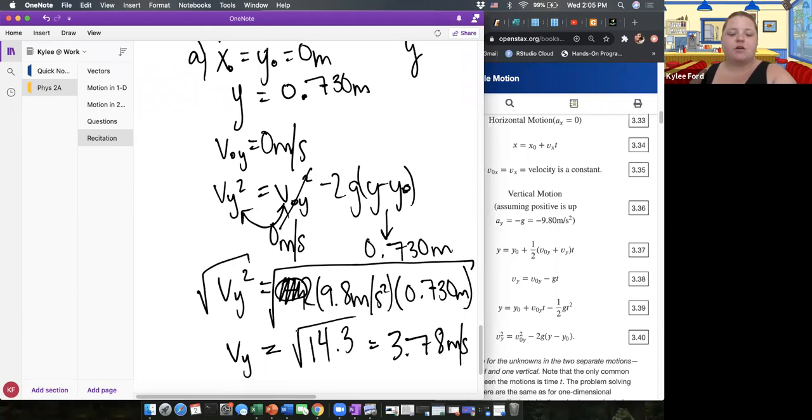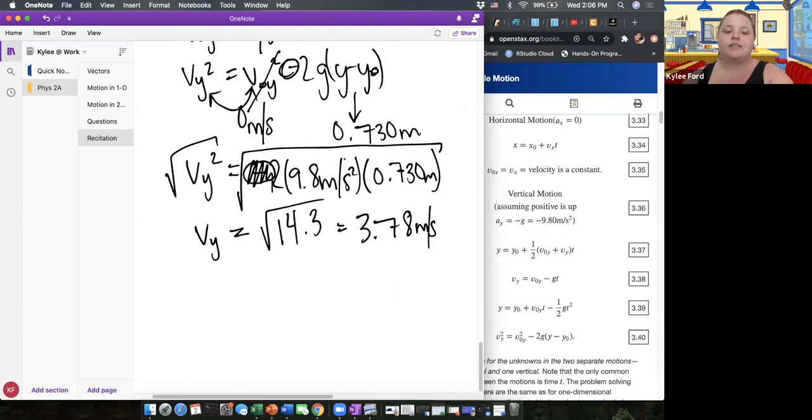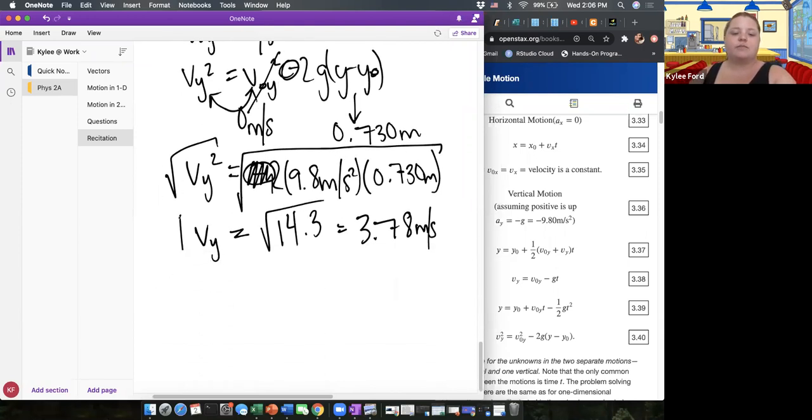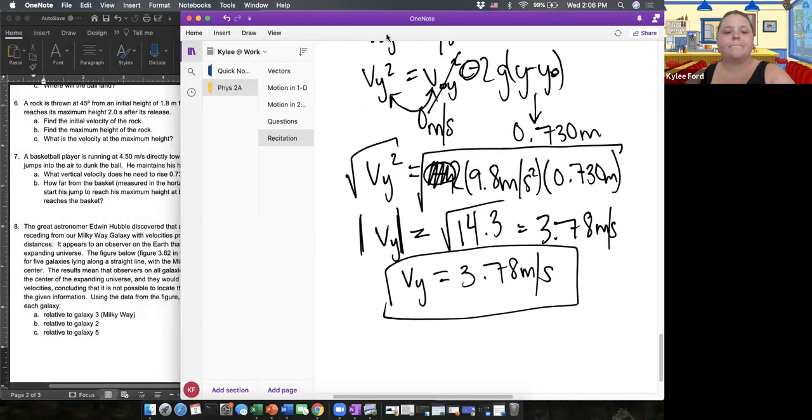So again, for the sake of this problem, this is what you're going for. I'm not sure why there's this negative then. So just bear with me there. But in any case, I can just say the magnitude of this number is the same. So our velocity in the y direction is 3.78 meters per second.